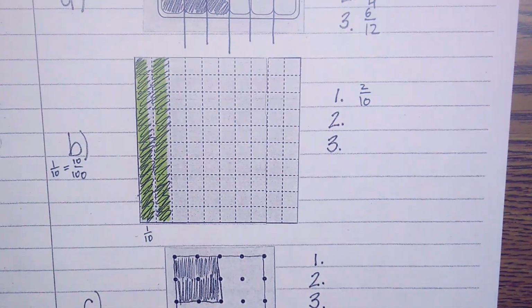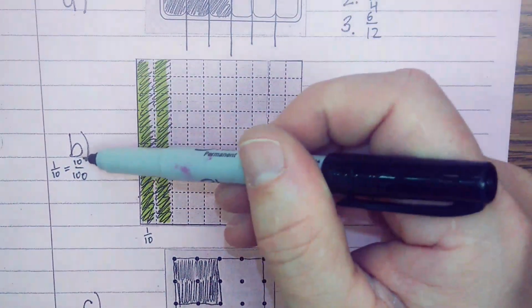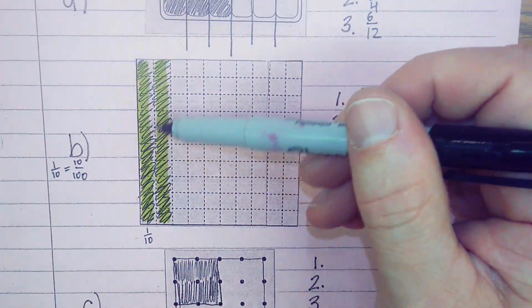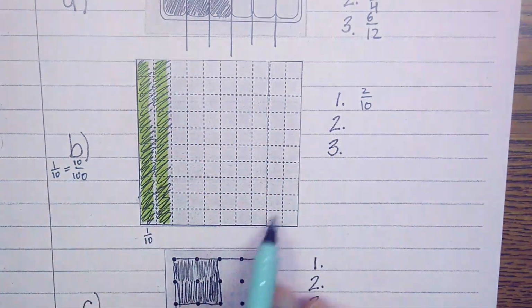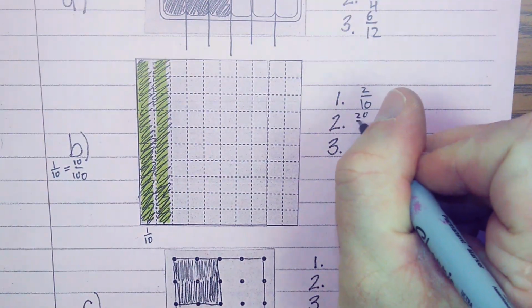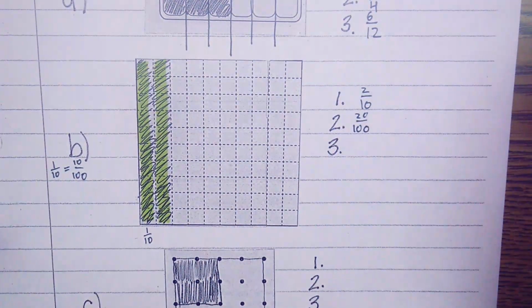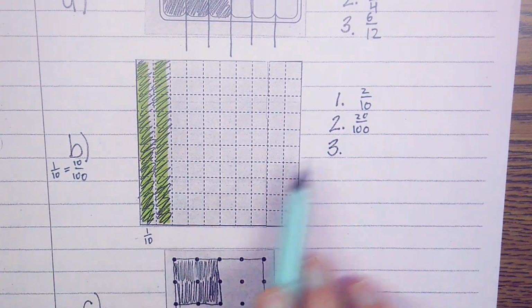Ooh, how do I know that? Well, if I look at 1 green strip and I count the small squares, there are 10 of them. And then altogether, 10 times 10 is 100. So this whole mat has 100 squares, and then I have 20 of the 100 squares. So I have 20/100. Because if 1 strip is 10, 2 strips is 20.